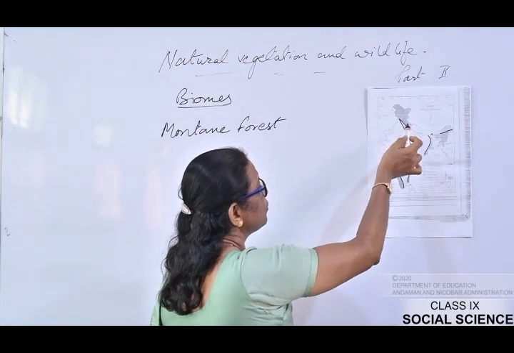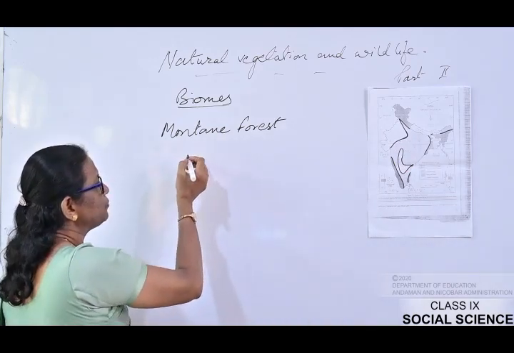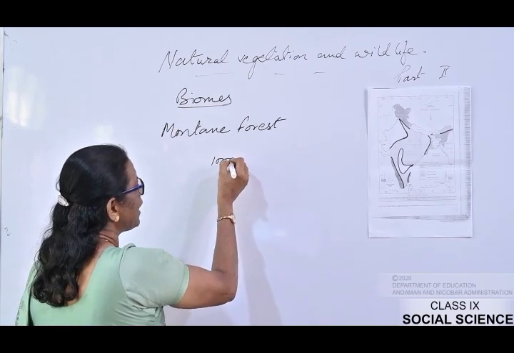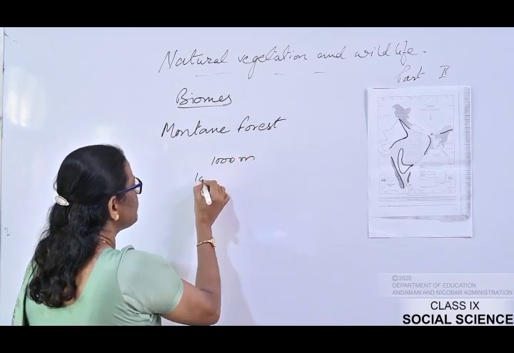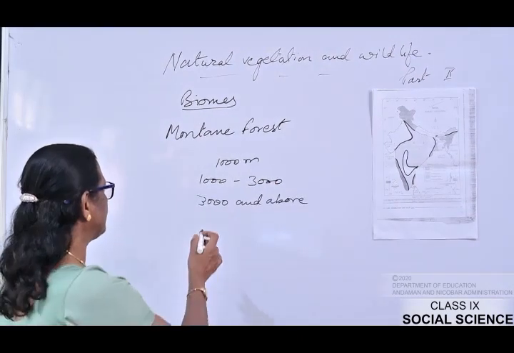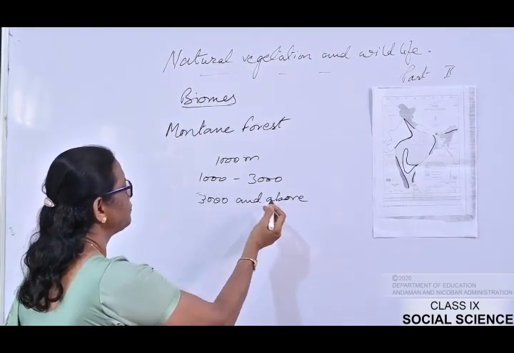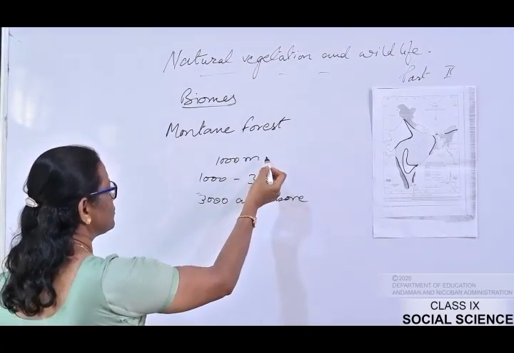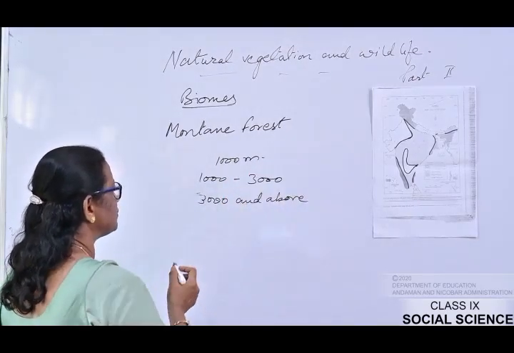So it is divided into three parts. One is up to 1000 meter height, one is 1000 to 3000 meter height, and 3000 and above. So it is divided into three parts. So first let us take 1000.